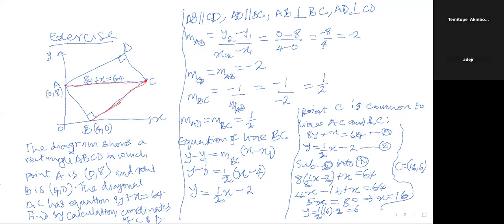So that's the coordinate of C. Is that clear? Yes, sir. Okay. So write that before we now proceed to finding the coordinate of D.